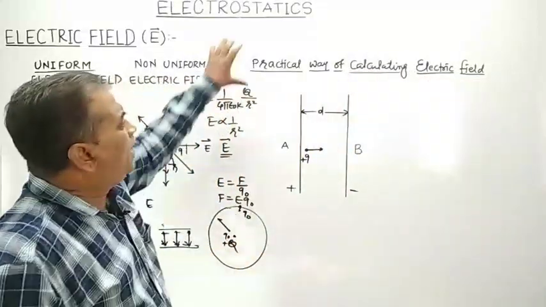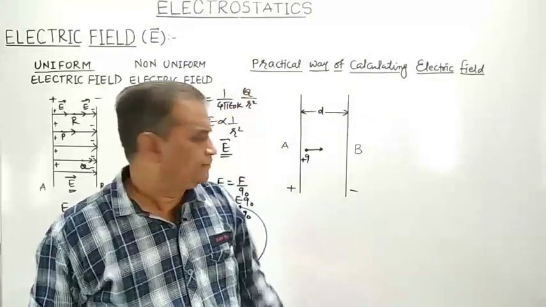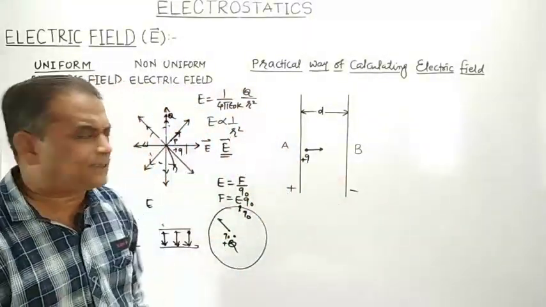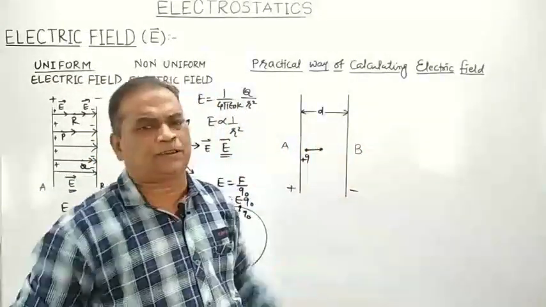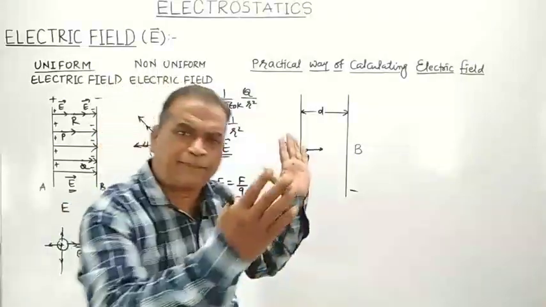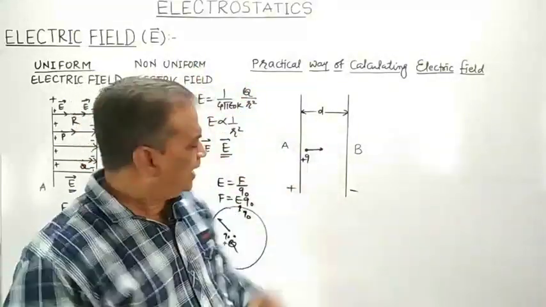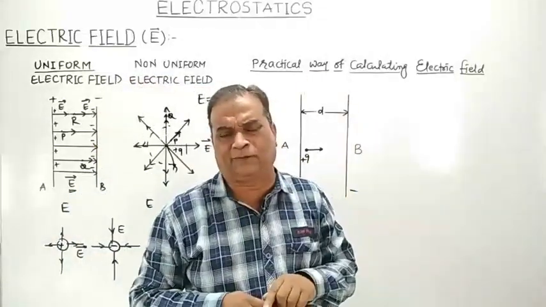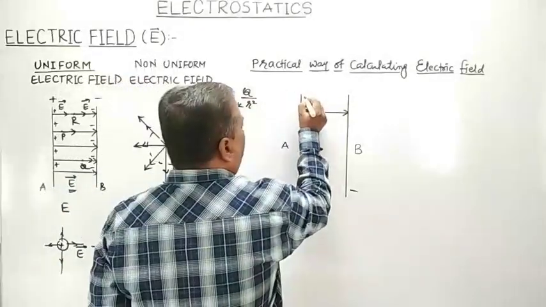Now, how to calculate the electric field? So suppose we are having two metallic plates A and B. They are kept parallel to each other and close to each other, means they are separated by a distance d. Let plate A be given positive charges, plate B be given negative charges. Then we know the direction of electric field.